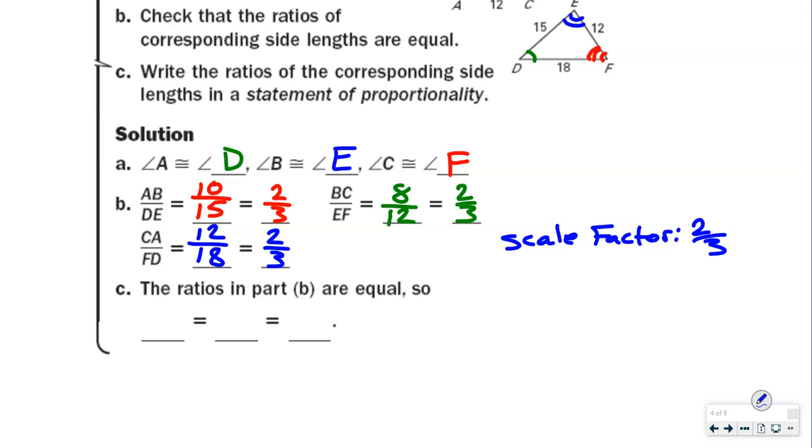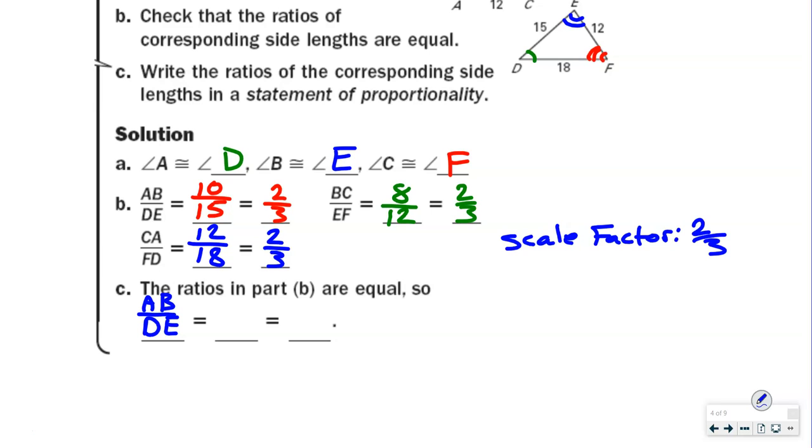Now the ratios in part B are equal, so we can make a statement of proportionality. We're going to take the letters of our sides, the actual names of our sides, like AB, DE, CA, FD, BC, EF, and make our proportionality statement. So we would take AB over DE, they were corresponding sides.